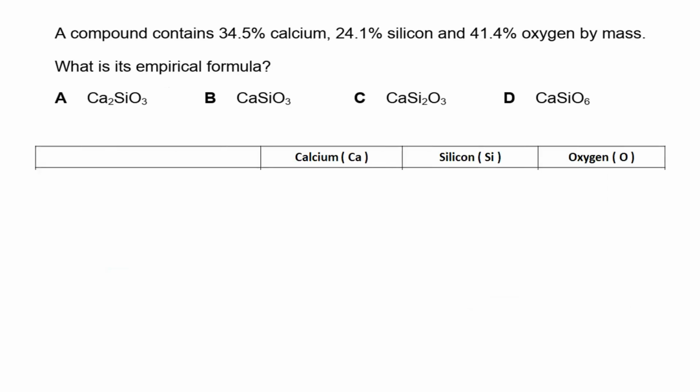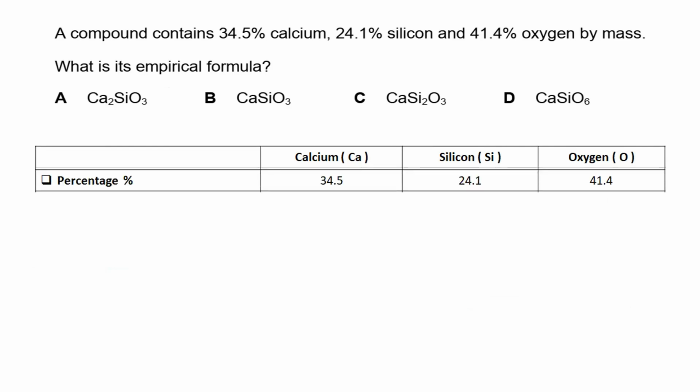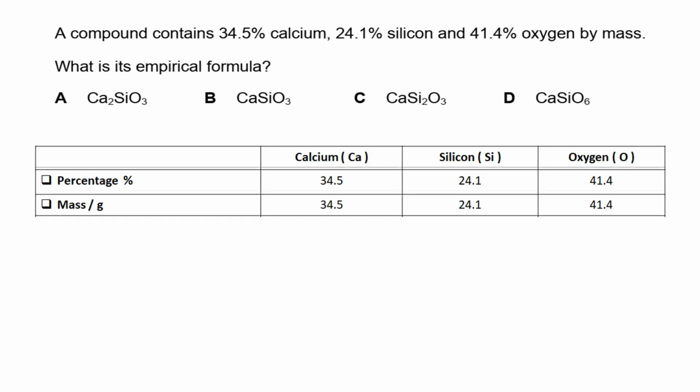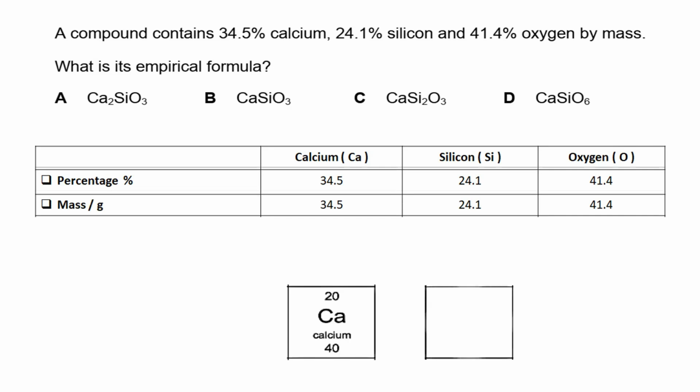Okay, calcium, silicon, oxygen. Percentage then converted into masses per gram with the same figures. Here, for calcium, relative atomic mass of calcium, 40. For silicon, equal 28. For oxygen, still equal 16.